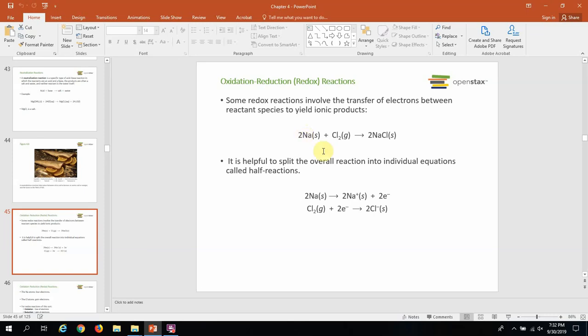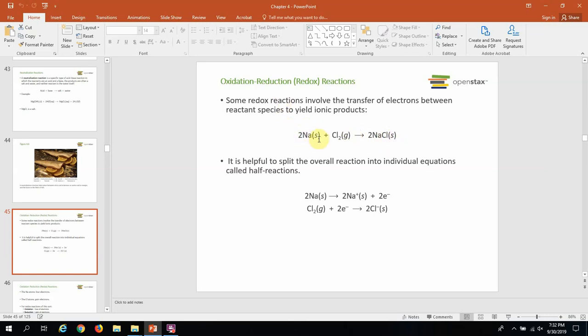This went from sodium 0 to sodium +1, while chlorine, as an element, has an oxidation number of 0, goes to its ion, Cl-, with an oxidation number of -1. So this oxidation number went up from 0 to +1, and this oxidation number went down from 0 to -1. And that's what happens in redox reactions.